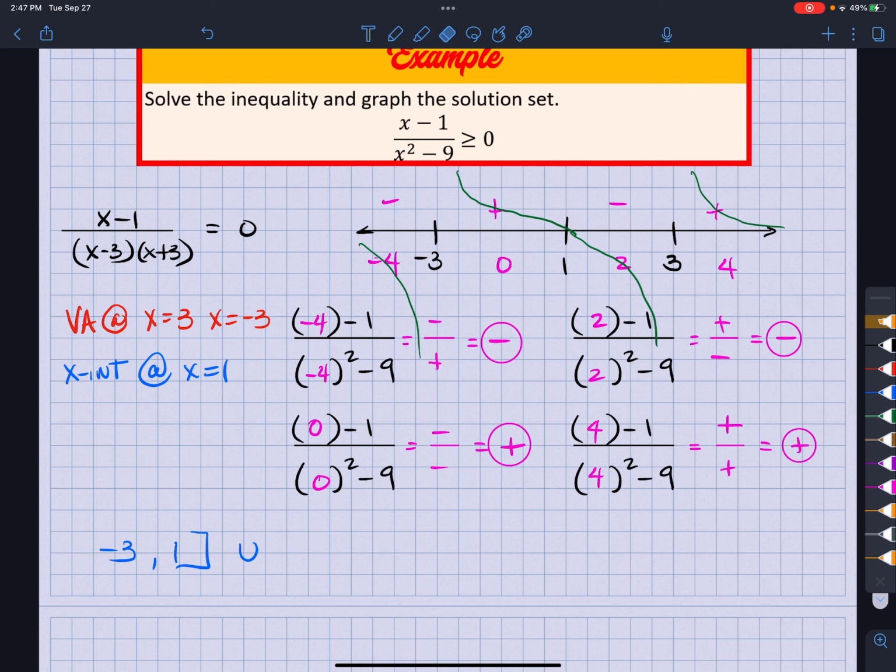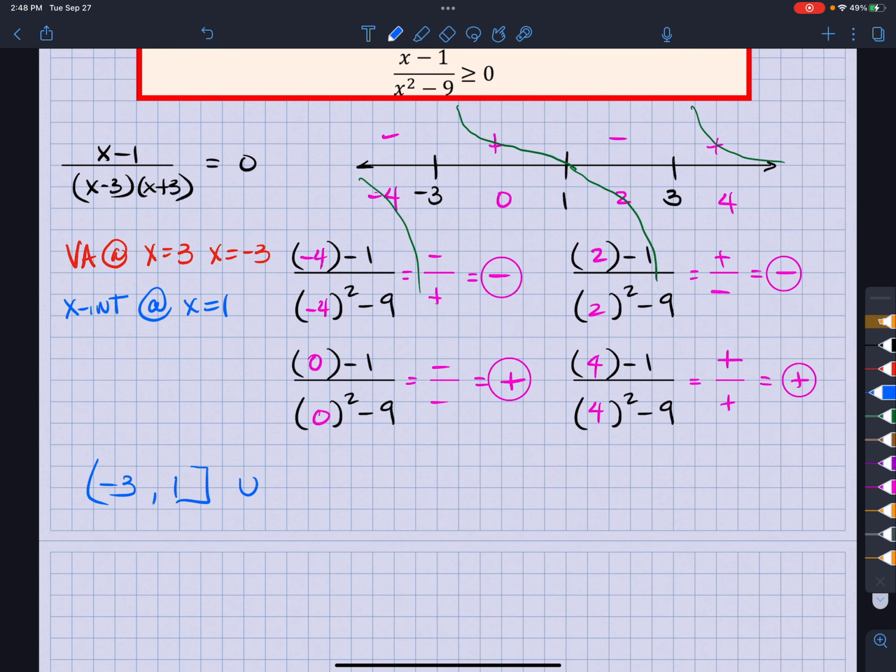I cannot include 3 because 3 is a vertical asymptote, right? So I cannot include 3, but I include 1, right? Because that's where the x-intercept is. And then from 3, because I can't include 3, to infinity. So that would be my answer right there.